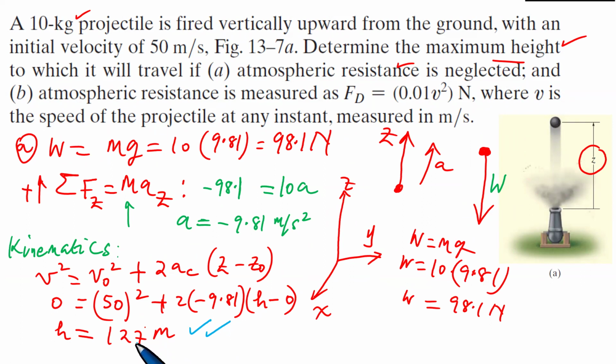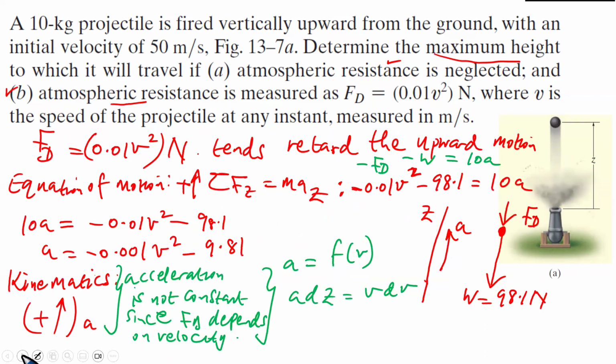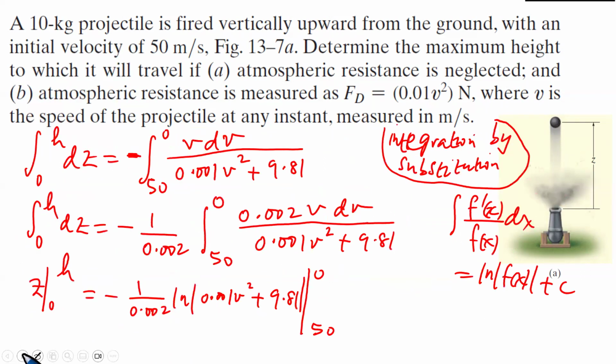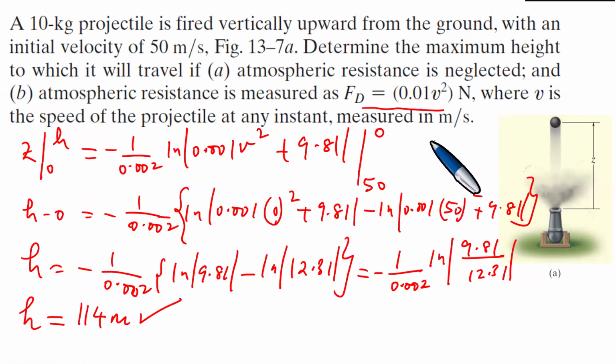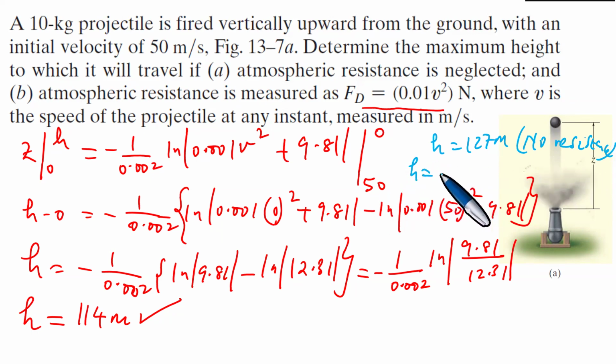So h equals 127 meters when there was no resistance, and h is 114 meters with resistance.